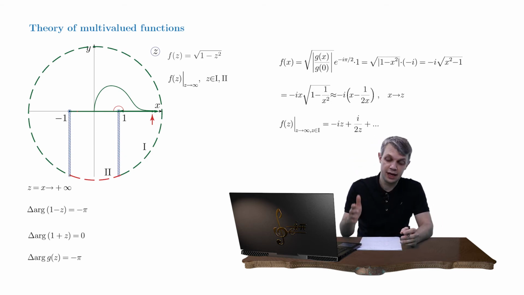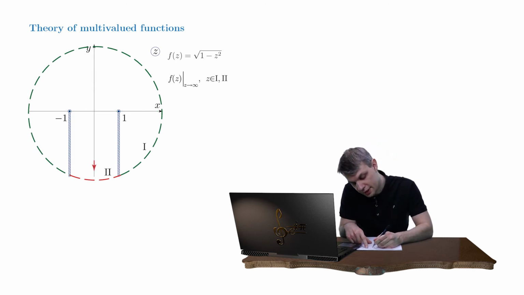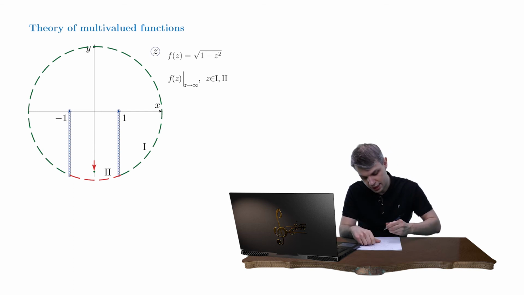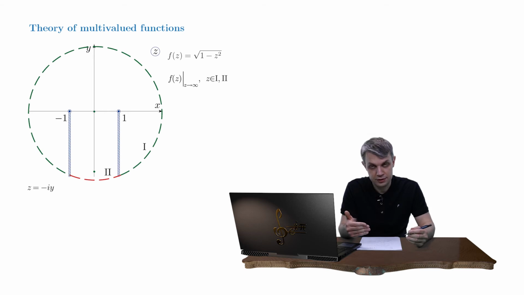And now let's consider the inner arc between these two branch cuts. Now, which direction to choose this time? Well, the direction along the negative imaginary semi-axis seems to be quite a symmetric one, so we'll opt for this. We parameterize our z number as negative i times y, where y tends to infinity. Now we need to be more careful in finding out the changes of the arguments of our constituents.